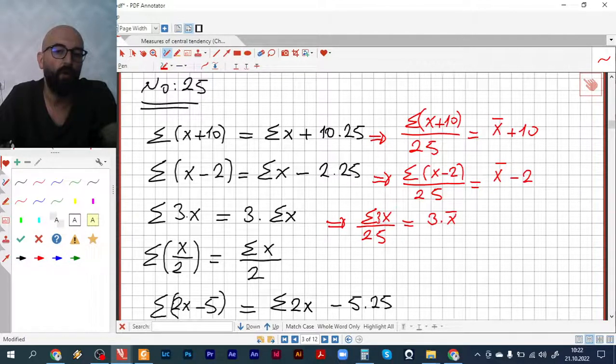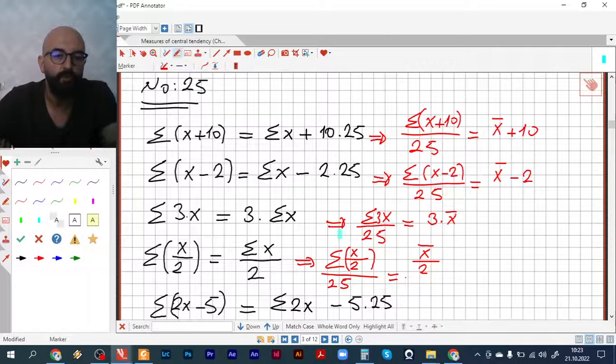And if you used x over 2 over frequency, you can find the mean over 2, because you used one half of all x.